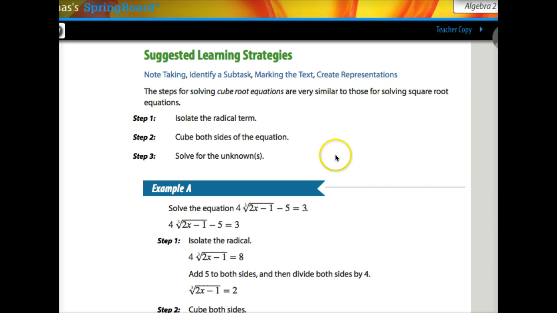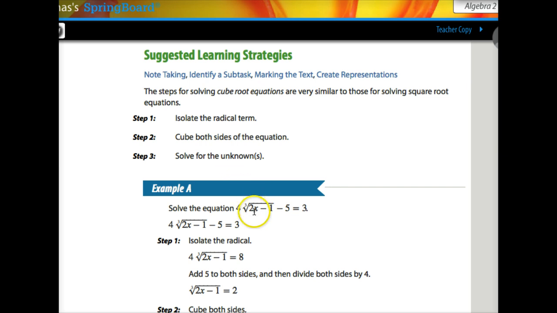Now, I think you're really going to like cube root functions a lot better than square root. They are easier for two different reasons. One, notice there is no step 4. That is because for cube root functions, there is no possibility of extraneous solutions. So the check step you do not have to go through, because if you've solved correctly, the answer should work.